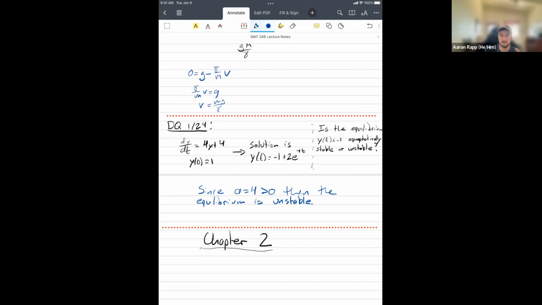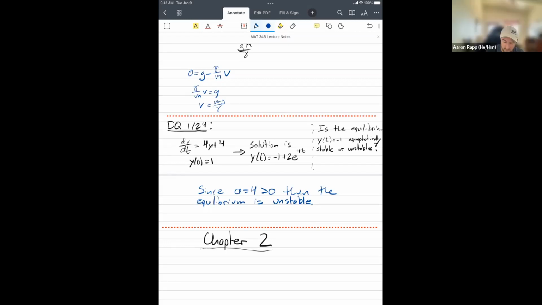So John, I already see you raise your hand, so go for it. So I was looking at the solution instead of A, so negative B over A. So I looked at -1. So that's why I put asymptotically stable.